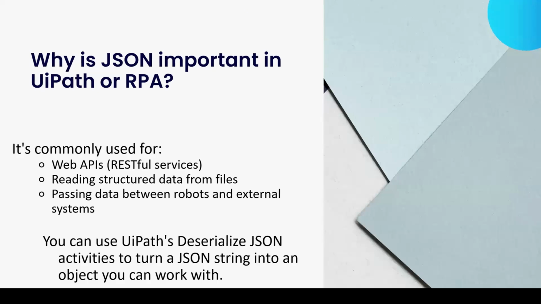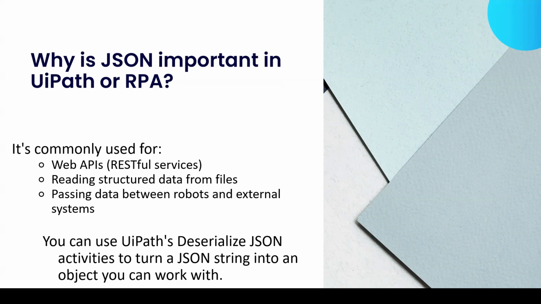Next, we'll learn why JSON is important. If you're new to automation, you must know that you may end up using APIs a lot. JSON is usually the most common output for APIs, and it is also very useful for reading structured data from files and passing data between your robots and external systems, right?